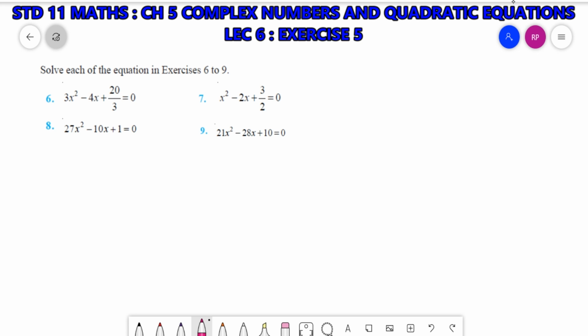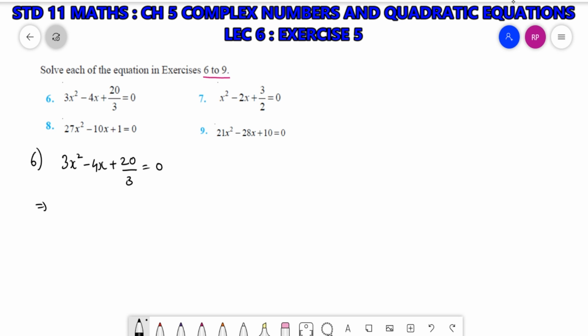Solve each of the questions in exercise 6 to 9. So 6 to 9, all the questions are similar. So I will just solve one for you and the rest you have to solve by yourself. So I am solving the sixth question, that is 3x square minus 4x plus 20 by 3 equal to 0.